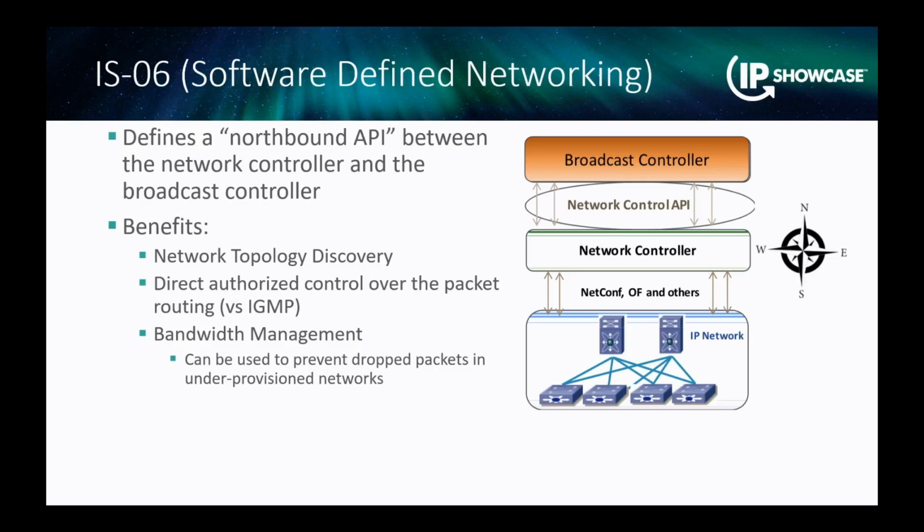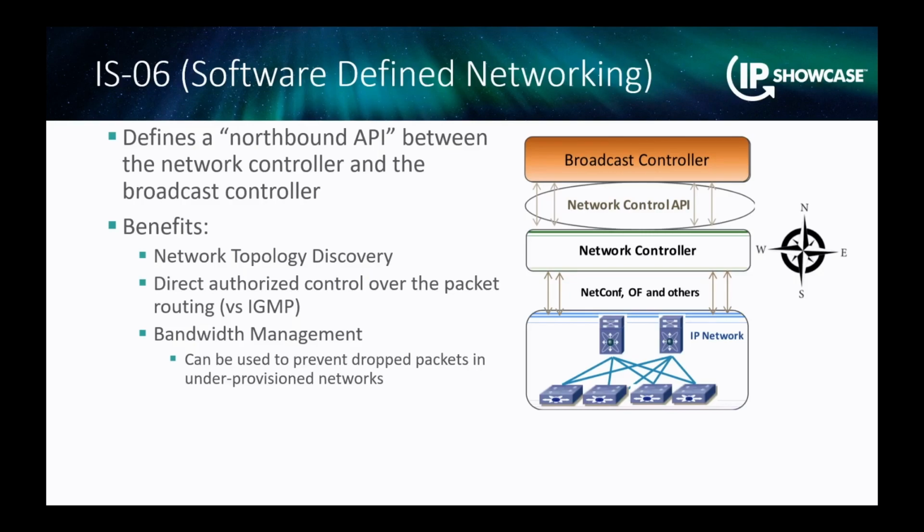I won't talk too much about this, but this is just a different way of doing switching instead of IGMP. It's using SDN, software-defined networking, where the switch is actually being programmed by the controller to switch a stream to a different destination. Whereas in our typical system, IGMP, it's the receiver that's asking the switch for a stream.